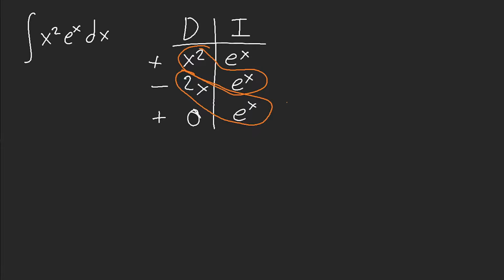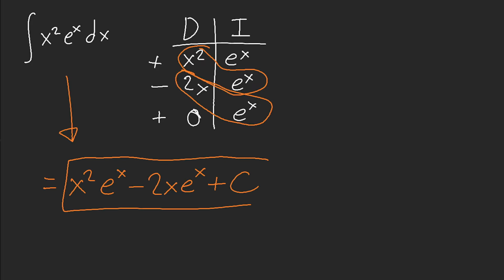So our answer is x squared e to the x minus 2x e to the x plus c. And that is our answer. Just like that. Throughout speed integration, we always use the DI method for integration by parts, because it's instant and very, very fast.